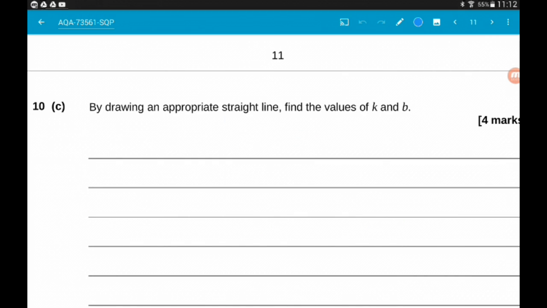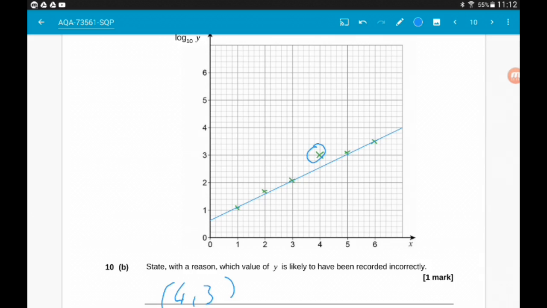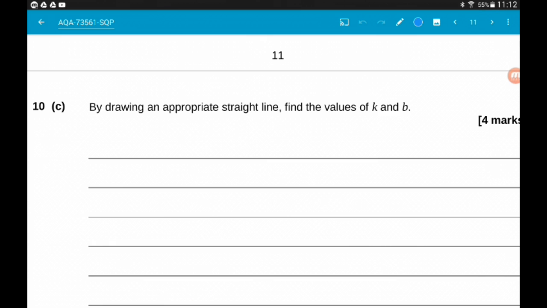So it says by drawing an appropriate straight line, find values of k and b. So the appropriate straight line is the one that I already drew, the one that joins up the most points. Before we use our line though, we're going to do the transformation.